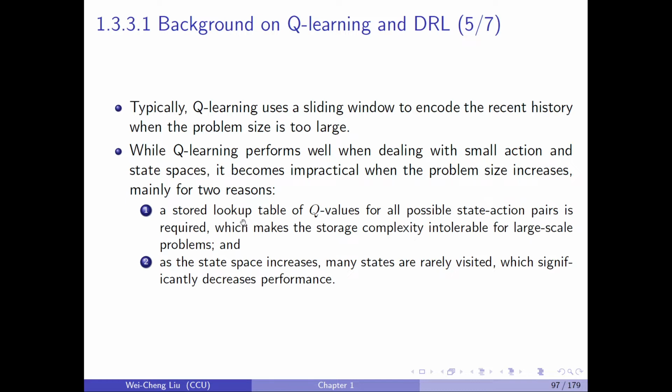A stored lookup table of Q values for all possible state-action pairs is required, which makes the storage complexity intolerable for large-scale problems. And 2. As the state space increases, many states are rarely visited, which significantly decreases performance.